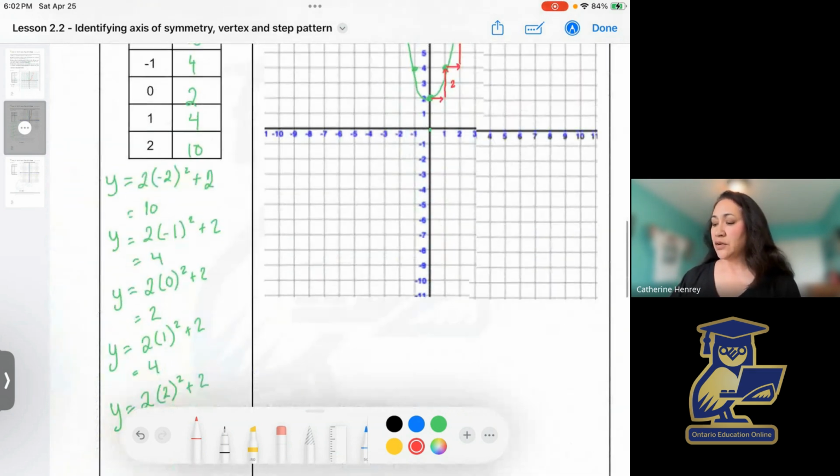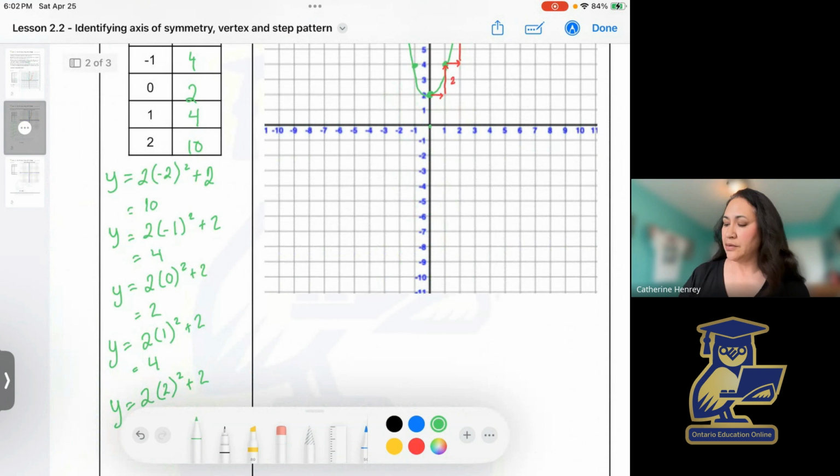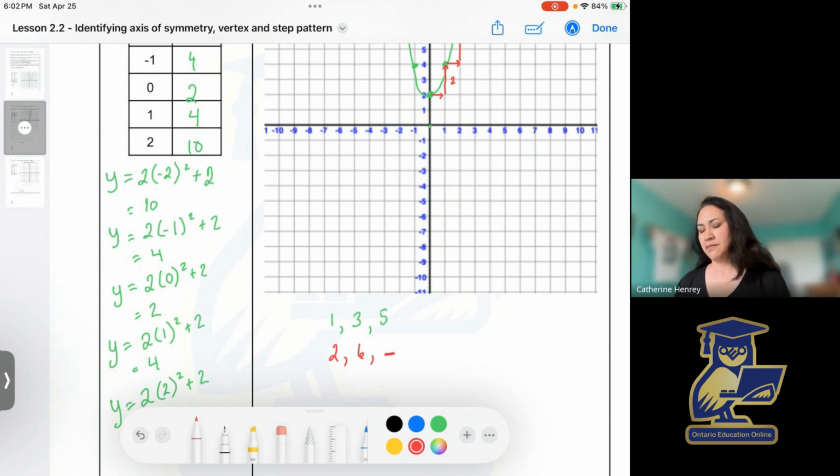So let's consider our original step pattern was 1, 3, 5. This step pattern looks like it's 2, 6, and maybe you can guess what's missing there.